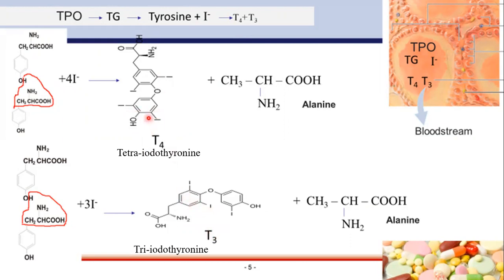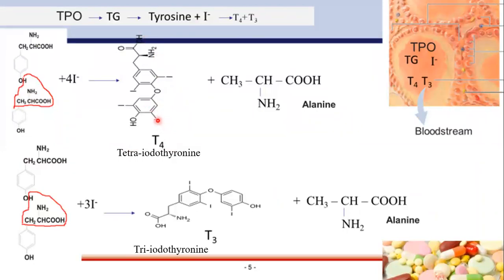Okay, you can see this formula: from two molecules of tyrosine and four atoms of iodine synthesize tetraiodothyronine or thyroxine.